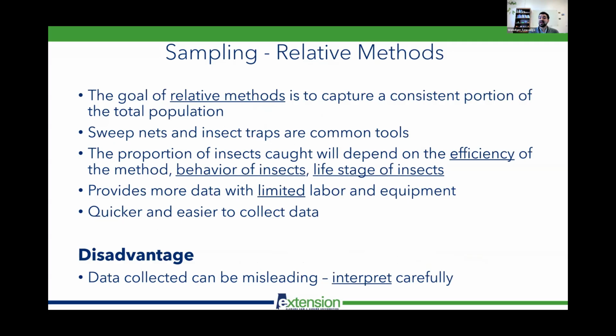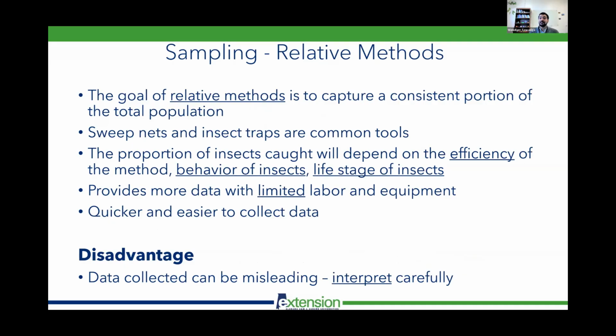Second, relative methods. Now, the goal of a relative method is to capture a consistent portion of the total population. So, in contrast with absolute methods, where we want to capture every single unit of the population, with a relative method, we want to capture a proportion. And so, oftentimes, an entomologist might use sweep nets or insect traps as common tools used as relative methods.